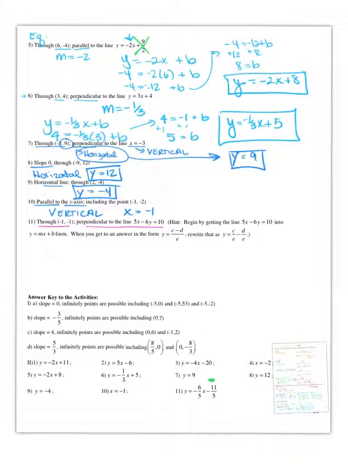In this last one, we're asked to go through the point -1, -1, and be perpendicular to the line 5x minus 6y equals 10. It'll be easier to figure out the slope of the line if we put it in slope-intercept form. So we are going to rewrite 5x minus 6y equals 10 in slope-intercept form.